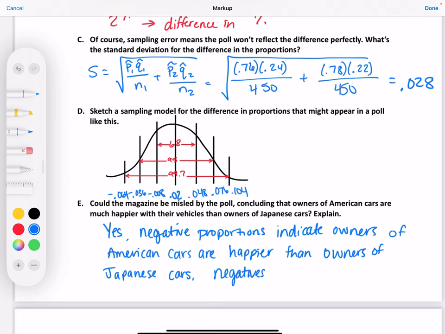And the negatives are less than 2 standard deviations from the mean, which was 2%. If it had been out here before we had a negative, we wouldn't worry about it, but since they were up here, 1 and 2 standard deviations away, we do care about it.